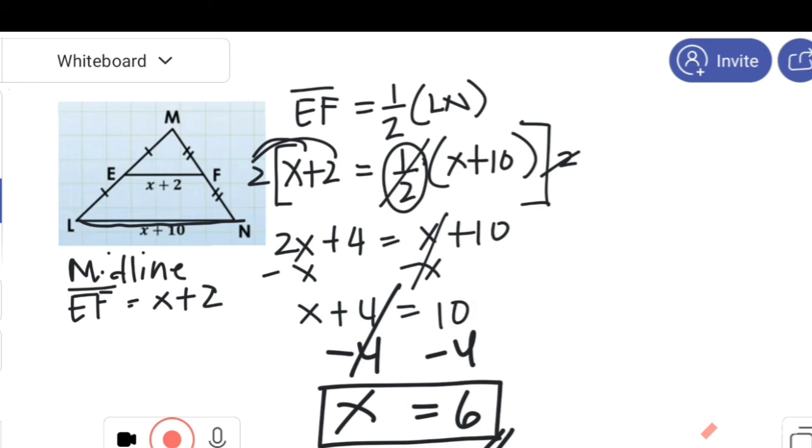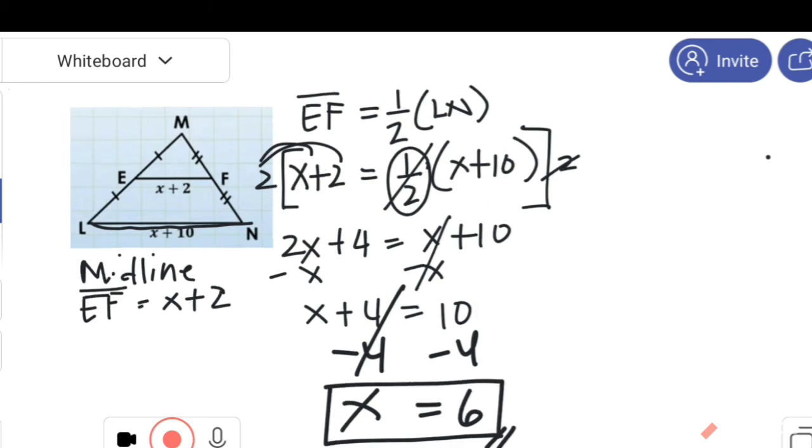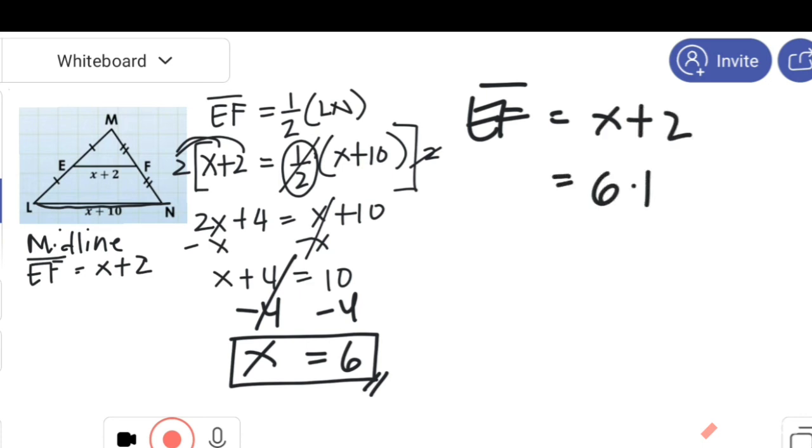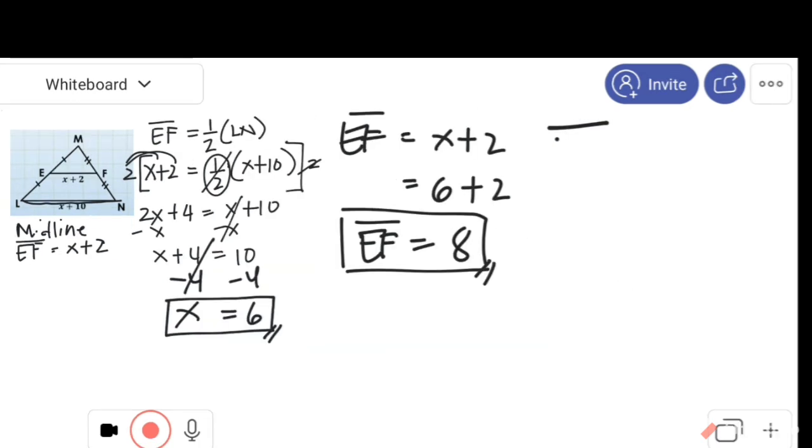Now let us solve for the segment EF, or the midline. We said EF is equal to x plus 2. The value of x is 6, plus 2 is equal to 8. That's for EF. The third side is equal to x plus 10.